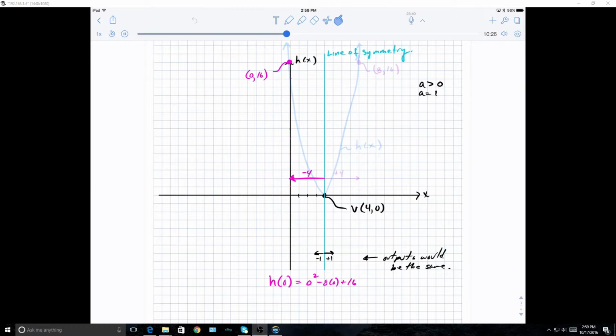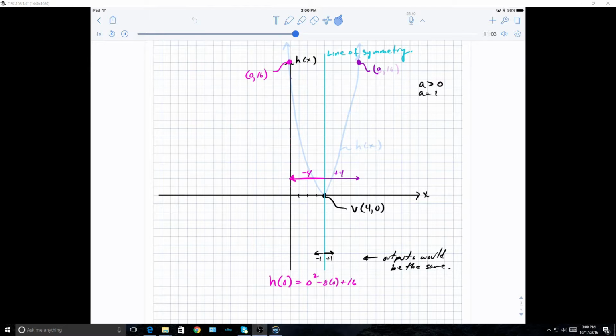Now, because we made that nice 4-step backward, if I do 1, 2, 3, 4 steps forward, then we're going to have the same exact output height that we have 4 steps backward. The x value is now going to be 4 units more than what the vertex was, because we went plus 4 units.